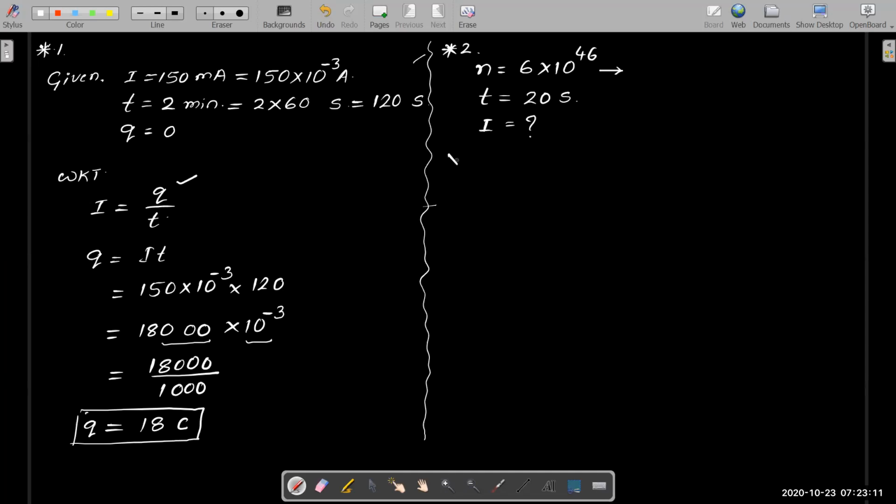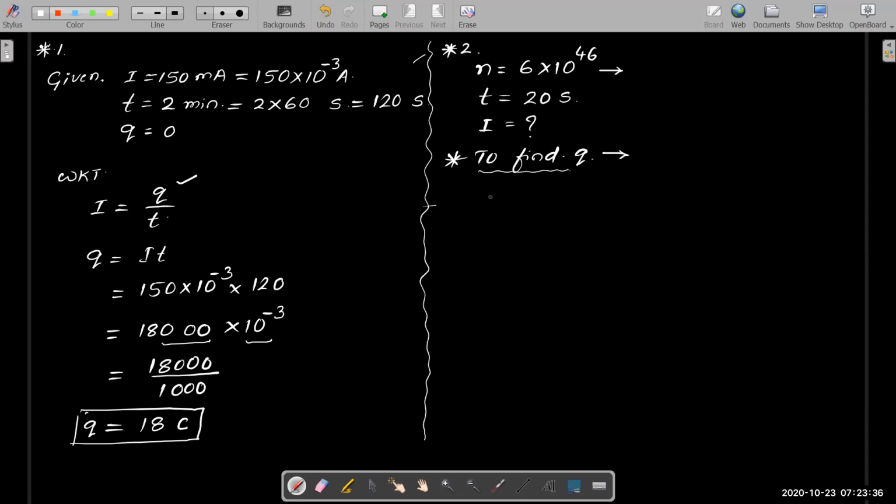To find Q, we know one relationship which is present between the number of electrons and the total charge. We know that electrons are the fundamental charged particles, and any charge can be expressed in terms of the fundamental charged particles. Already I have explained this concept and given the equation related to this.